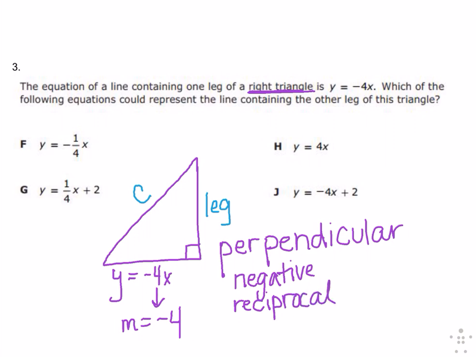So what I'm going to do is write the first slope that was given to us, -4, as a fraction. In order to put a whole number as a fraction, we just need a denominator of 1. Now the negative reciprocal means that you are going to flip the numerator and the denominator, and you're going to change the sign.